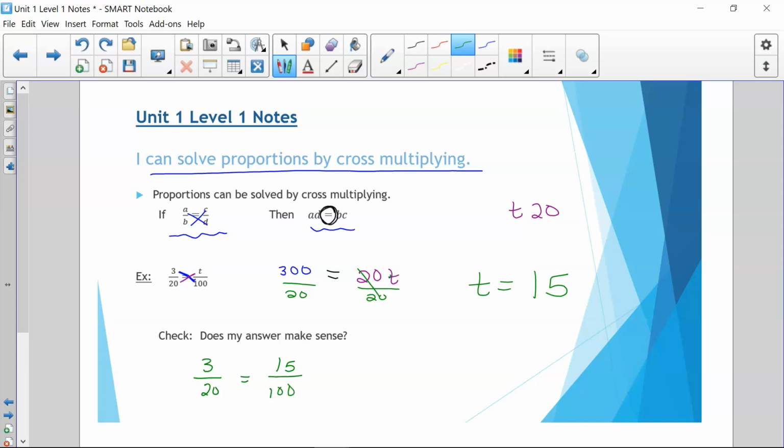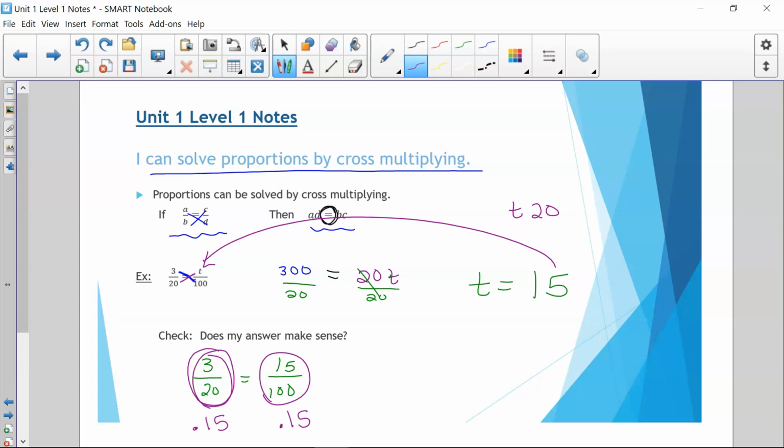If I substitute 15 back in for t, my fractions should be equal. My favorite way of checking that is dividing. 3 divided by 20 is 0.15. And 15 divided by 100 is also 0.15. So this fraction and this fraction have the same value, making them equal, and equal fractions are a proportion.